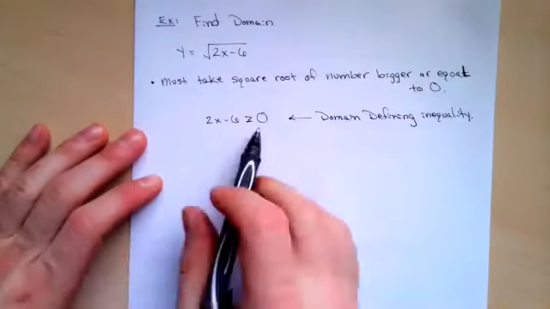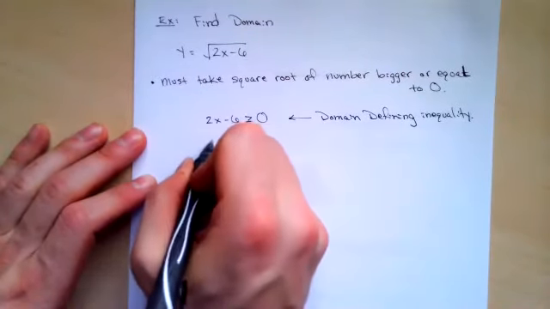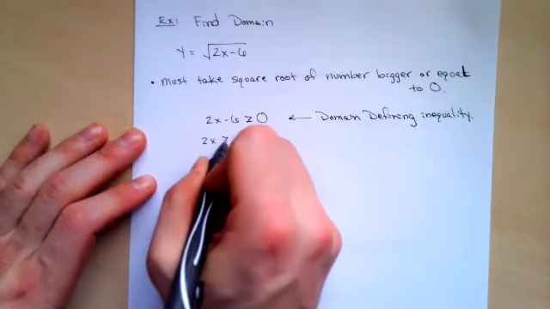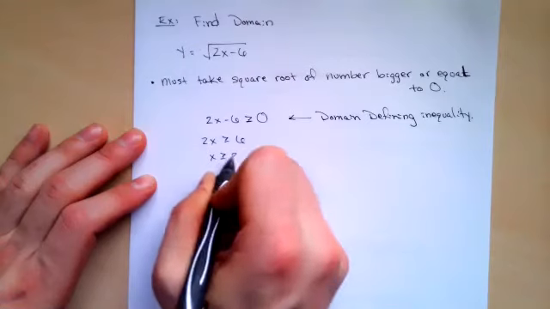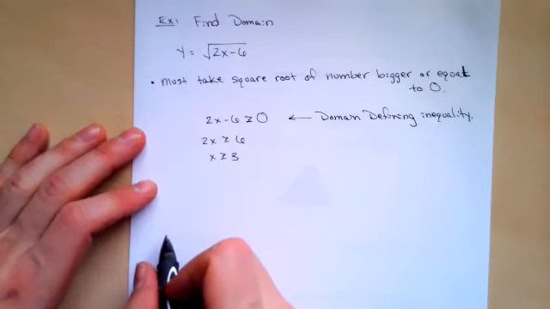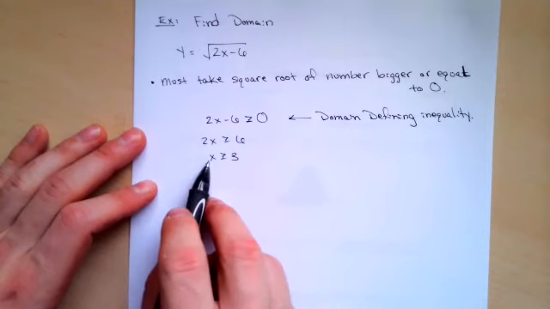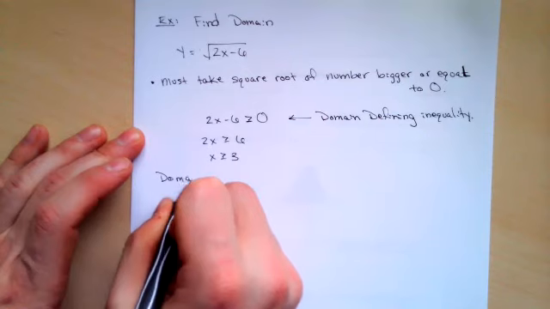So we're forcing everything underneath the square root to be greater than or equal to 0. And now when we simply solve for x, we figure out where our domain is. The domain is going to be the set of all x such that x is bigger than or equal to 3.